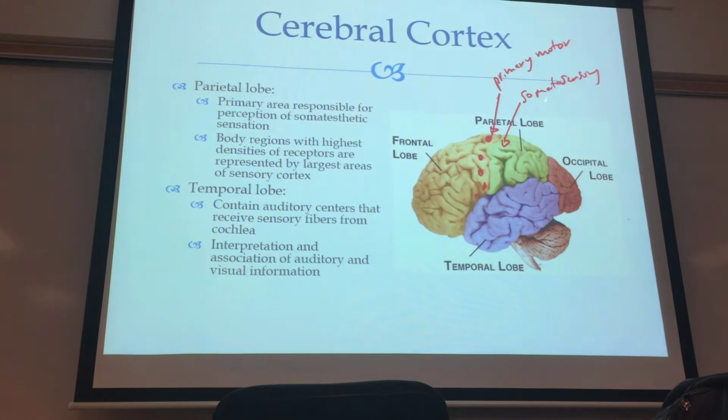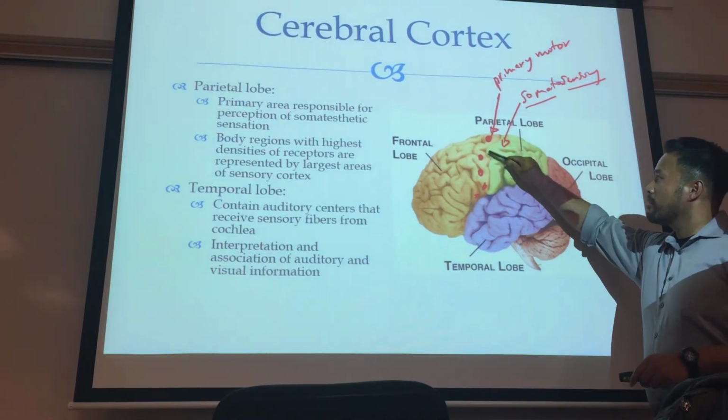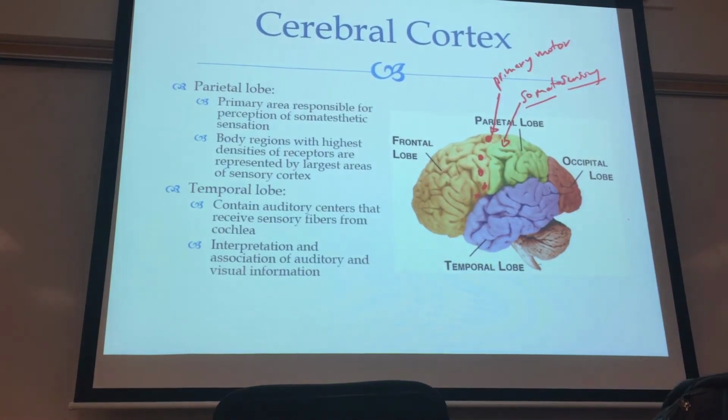So sensory information about the soma, being body, receiving sensory information. So this area will start to receive information while this area will govern movement of those areas. One of the things that we'll talk about later on is the areas of the brain that resemble the brain, and you'll be able to see that on a later slide.